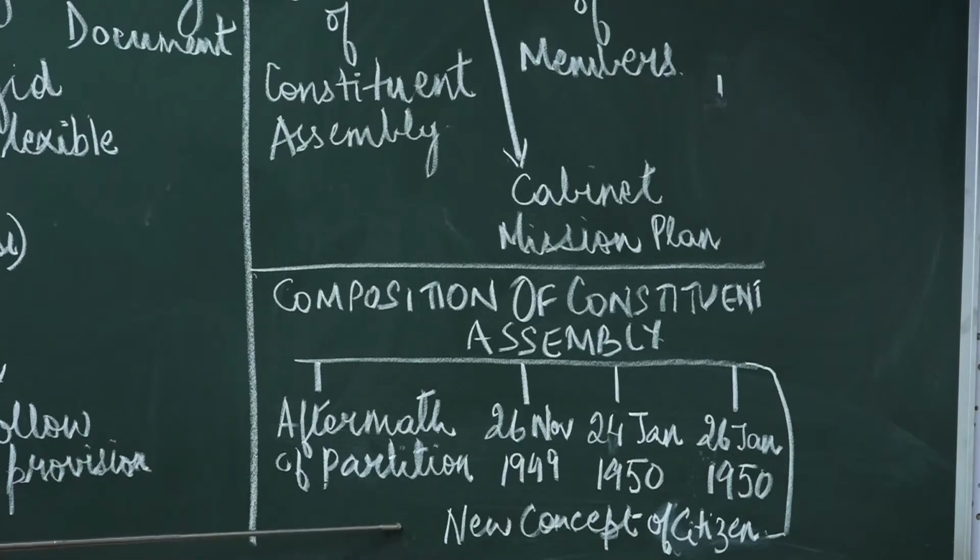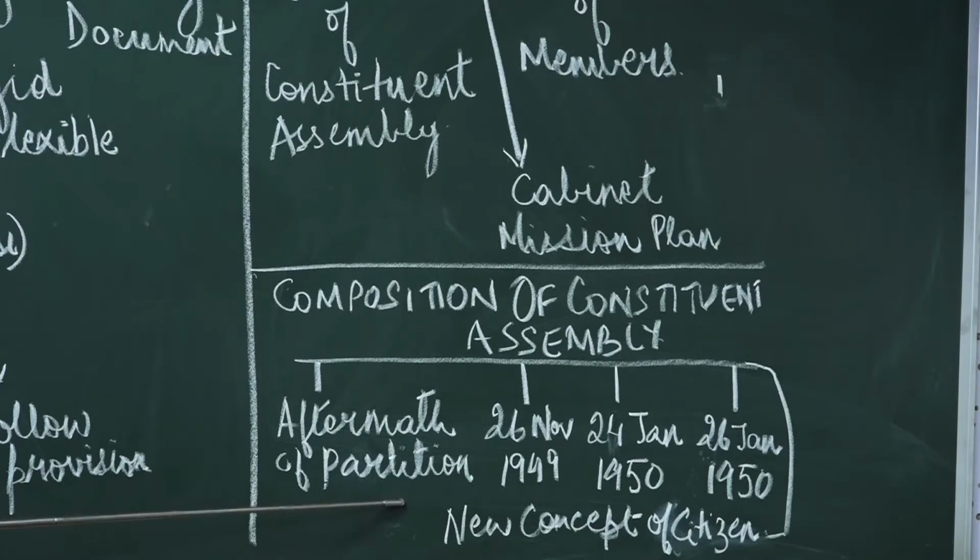One thing that was important was that the Constituent Assembly committed the Constitution to a new conception of citizenship, which would not only secure the minorities, but also not have religious identity as a bearing on citizenship rights.